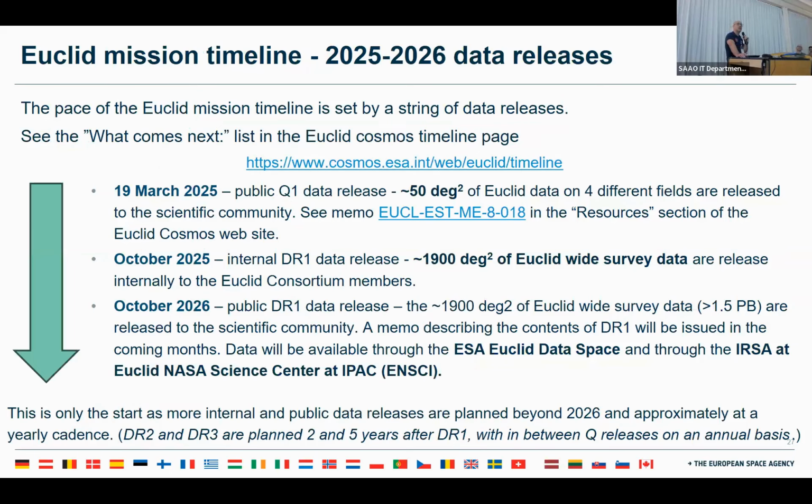This is only available to the consortium, but it will be available on the 19th of March to the general public, the Q1, which is more passes on the deep fields. And in October 2025, we will have the internal data release one to the consortium members only. And in October 2026, a year later, will be the first data release to the public.